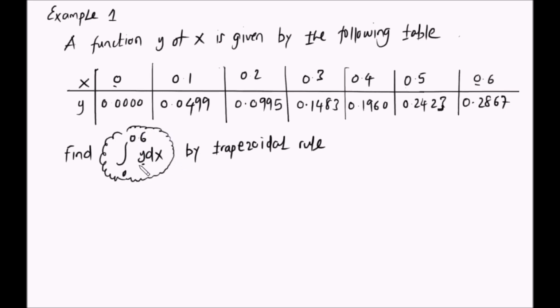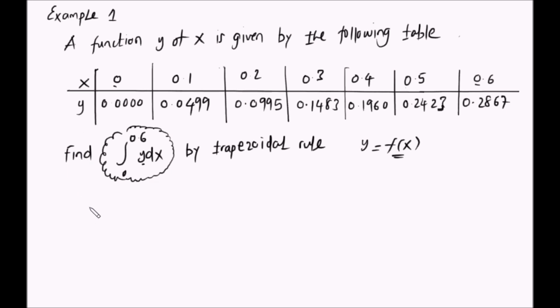So amekupa y lakini hajakupa y in terms of x. So you cannot use ile method za nyuma zile tulizosoma, substitution na kadhalika. Lakini kwa sababu amekupa hii table, you can use the trapezoidal rule.